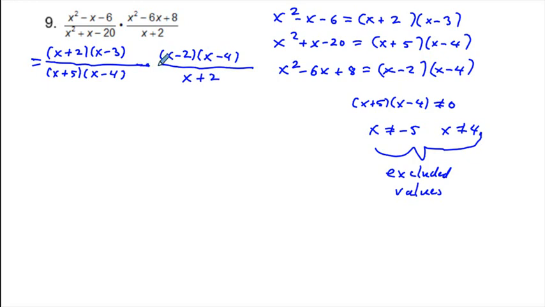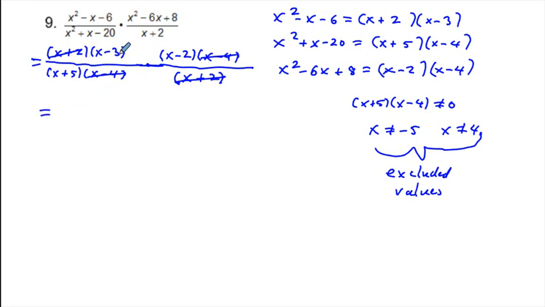We can connect these two expressions together and then simplify where we can. x plus 2 over x plus 2 cancel, equal 1. x minus 4 over x minus 4 cancel, equal 1.